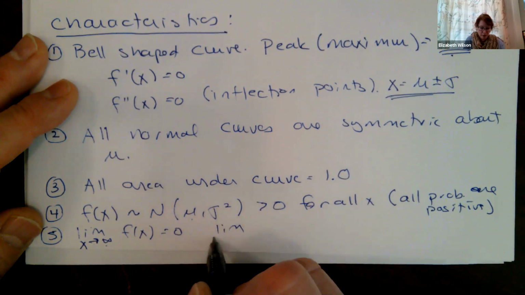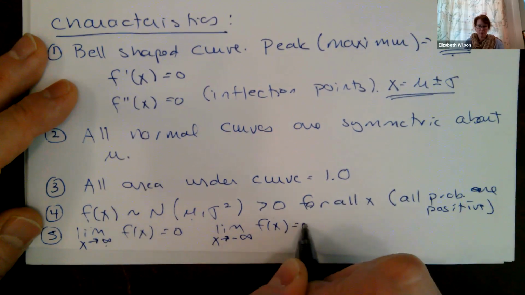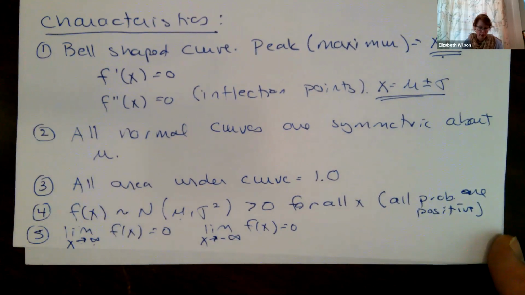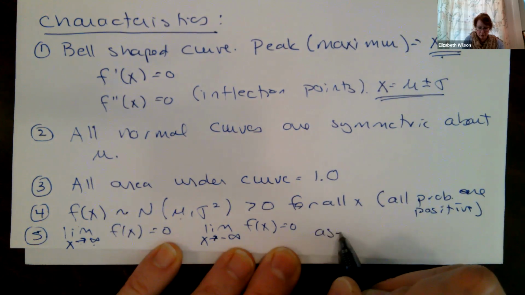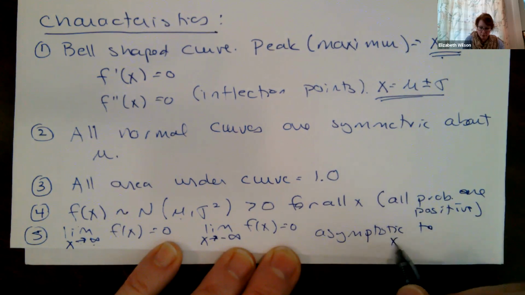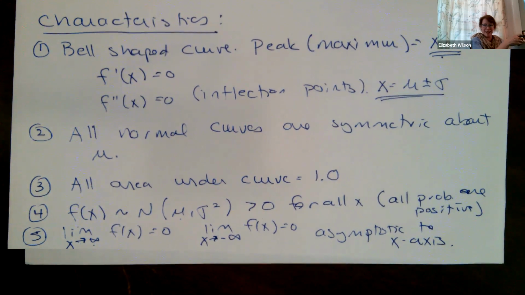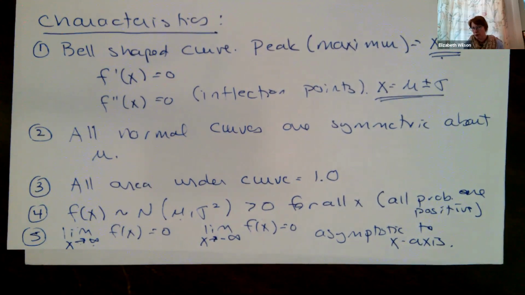And the same thing in the negative infinity direction. That's an important concept to think about, because with this normal distribution, it doesn't just cut off. It goes on and on forever. But ultimately, those values on the tail ends get so small that they're functionally equal to 0. I'll wait for you to finish writing these, and then we'll go on with a couple more properties.